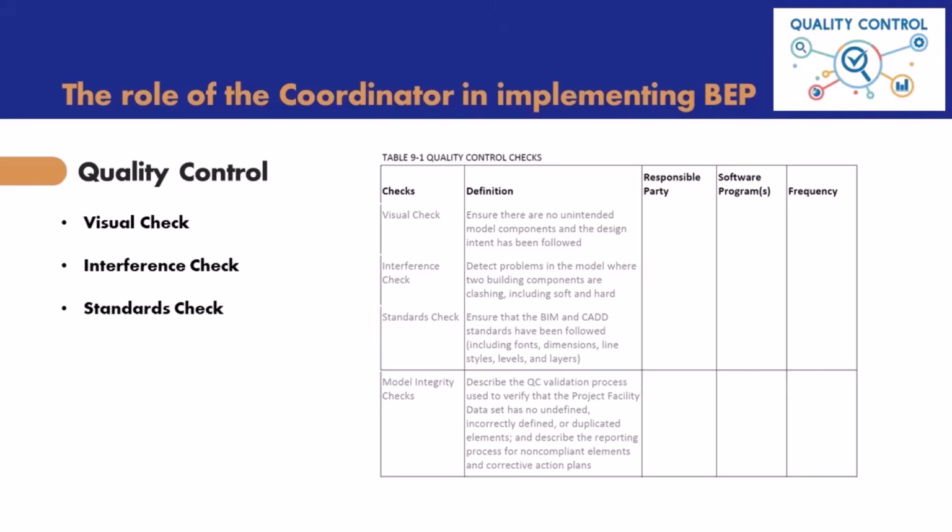For example, the naming of our files in the project is based on the 1192 standard that goes back to 2007. And now these are specified in BEP. And in quality control, we check whether these standards have been considered in the project so far. And also we will check whether the development of our model was based on the client's needs or not.